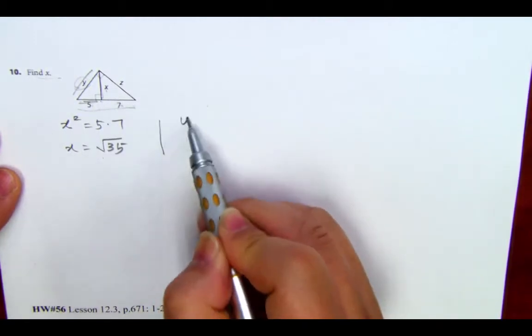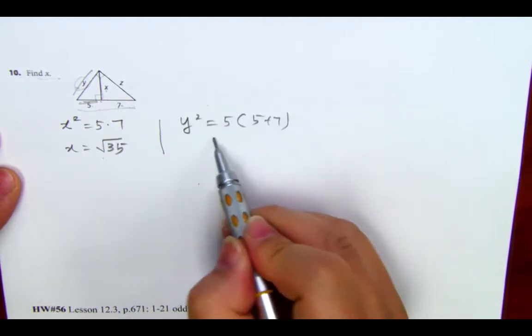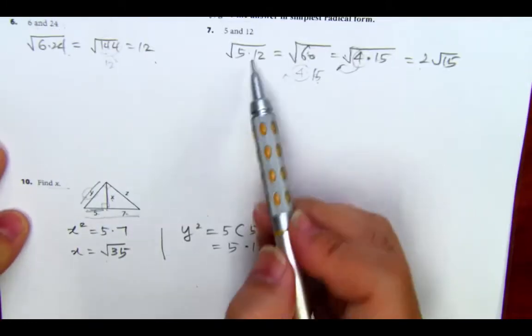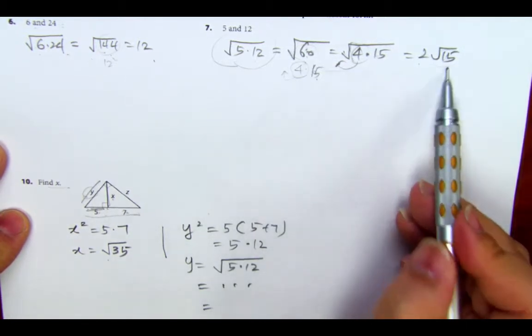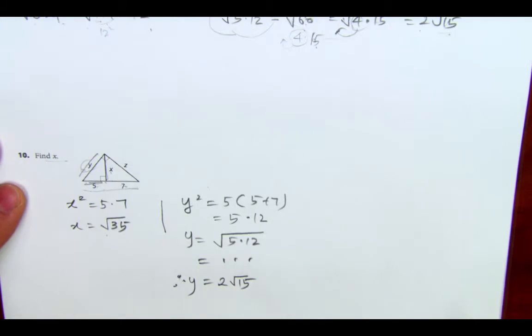So y squared is equal to 5 times this, which is 5 times 12. And we just did that here, didn't we? Right. So y is equal to square root of 5 times 12. I'm going to put dot, dot, dot. Make sure you show the step in the middle. Therefore, y is 2 square root of 15.